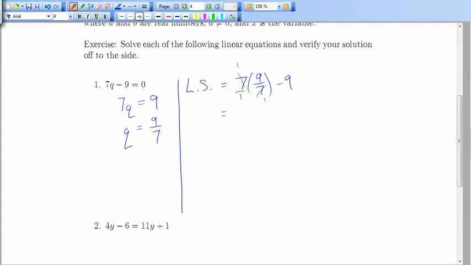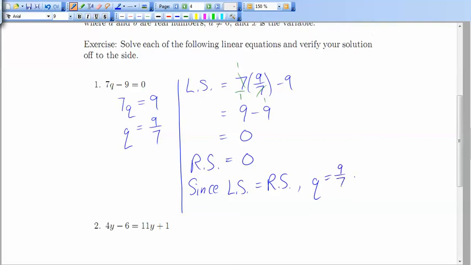We get 9 over 1 minus 9, which is of course 0. Our right-hand side is also 0. So we found that the left-hand side is equal to the right-hand side. Thus, our q equals 9/7 is a solution.